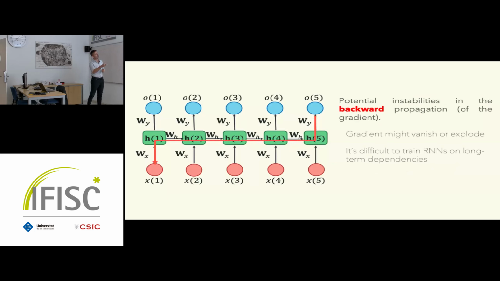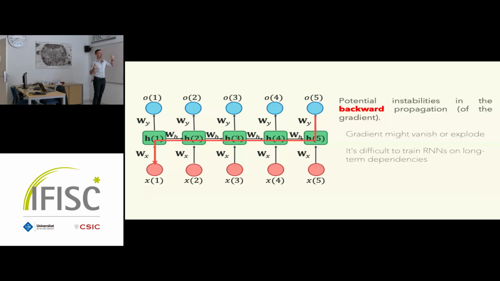So here you can see that in practice, using backpropagation through time, you have to propagate back the gradients across the same architecture, but in the other direction. And so you have basically the same problem, but in the other direction. The gradients can vanish or can explode because of the instabilities of this process in the backward direction, okay?